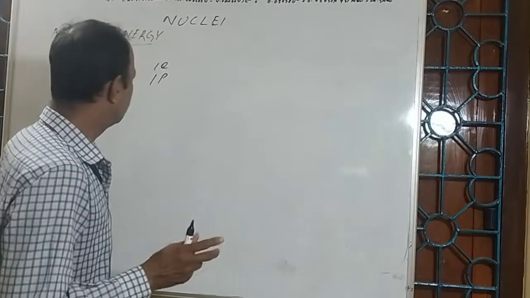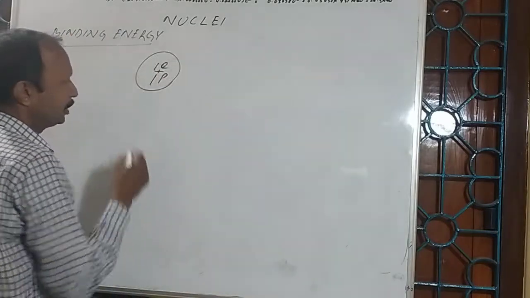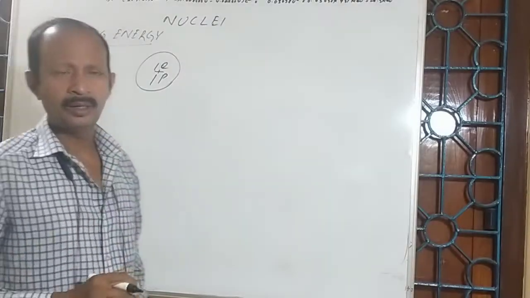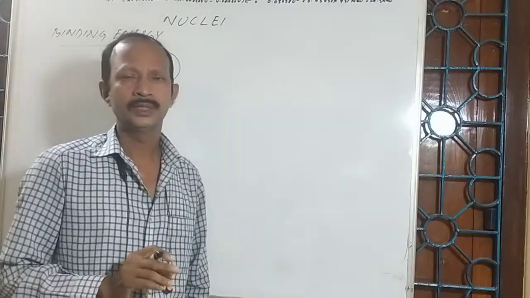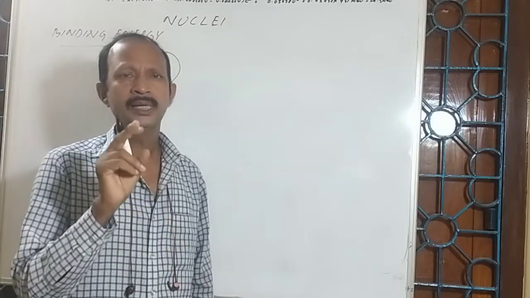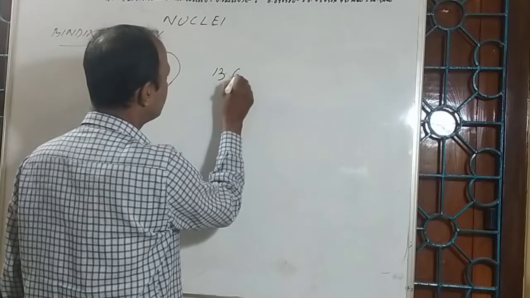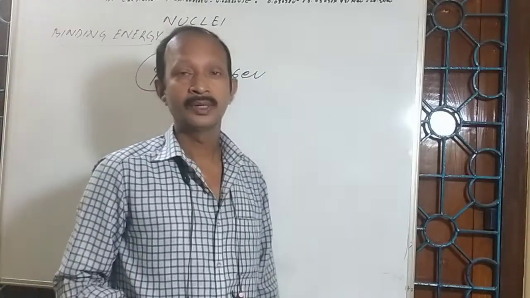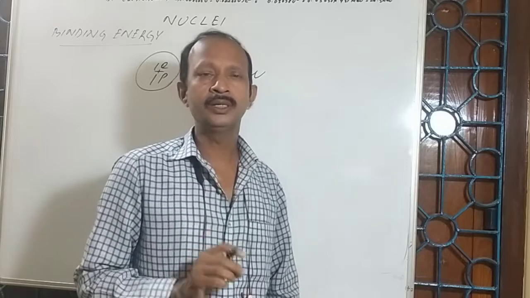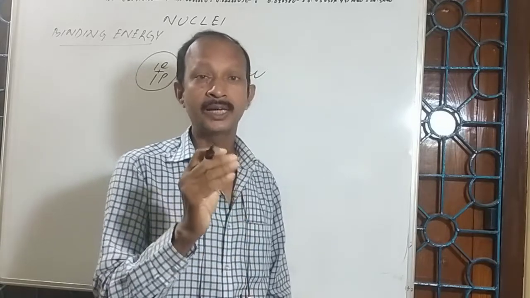We want to bring them to one place to make the hydrogen atom. During that time, they release 13.6 electron volt of energy. This energy is called the binding energy of the hydrogen atom.